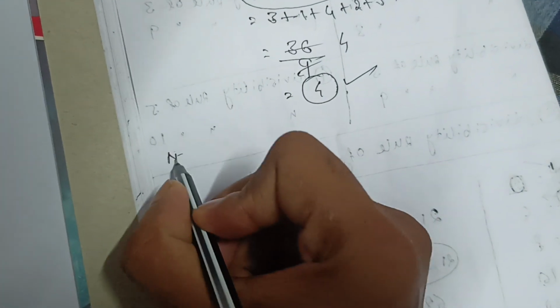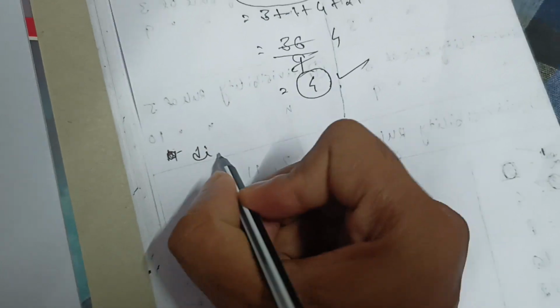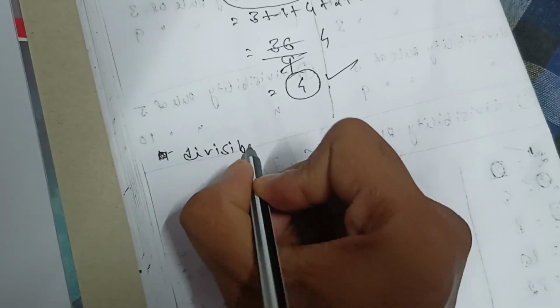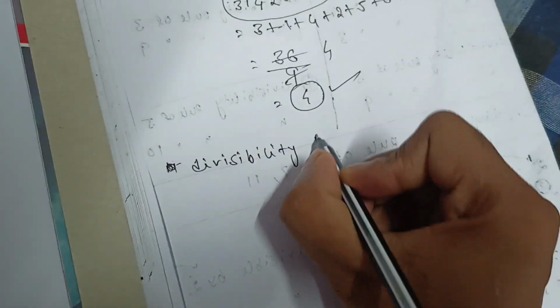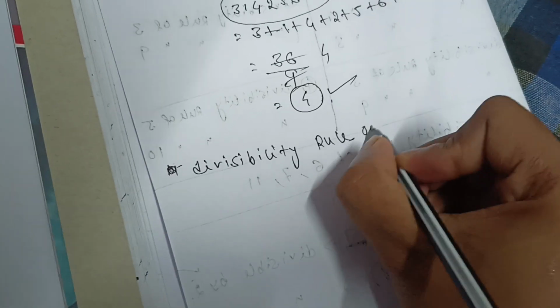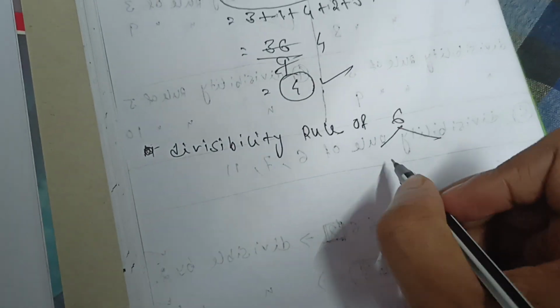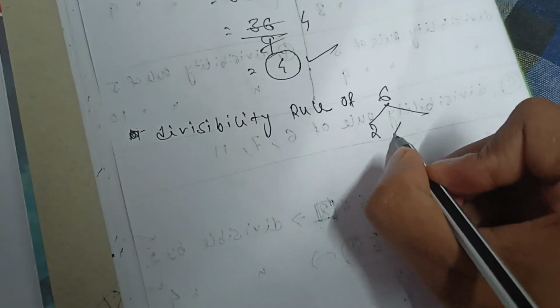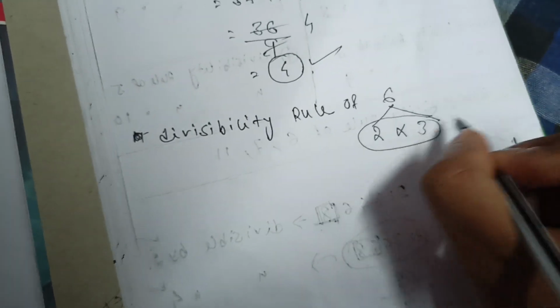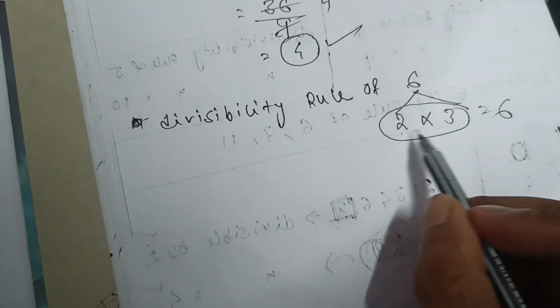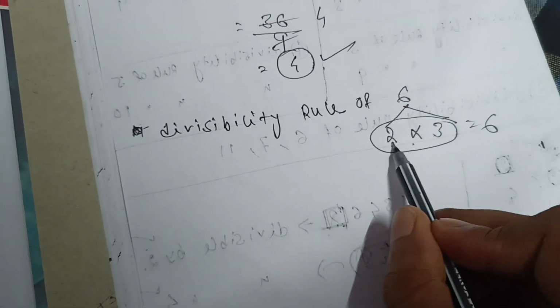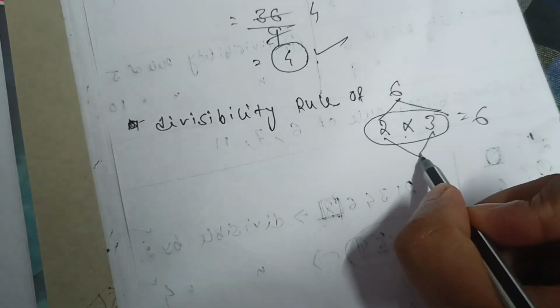So now we will learn about the divisibility rule of 6. Here you can see that we know 2 times 3 is equal to 6. Okay, so these 2 and 3 are co-prime numbers.